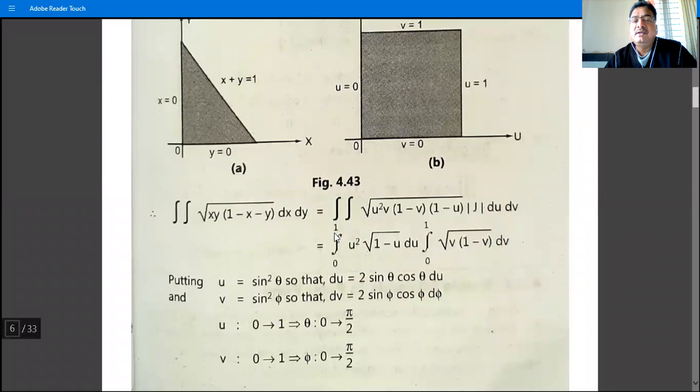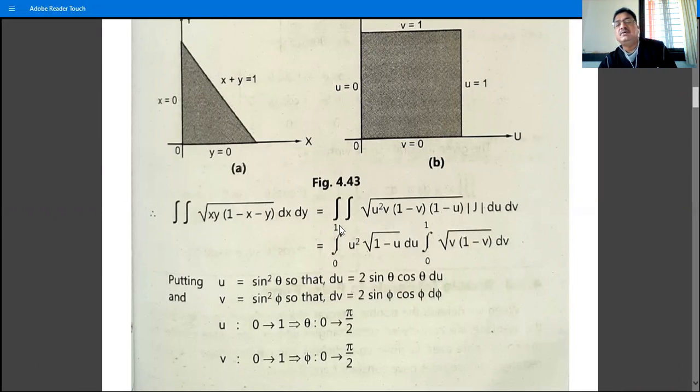And the limits of integration: take a strip parallel to, suppose, the u axis. Then u runs from one end touching u equal to 0 to the other end touching u equal to 1. So 0 to 1 is the limit on u, and in order to cover this region we have to move this strip from this point to this point, that is v equal to 0 to v equal to 1.